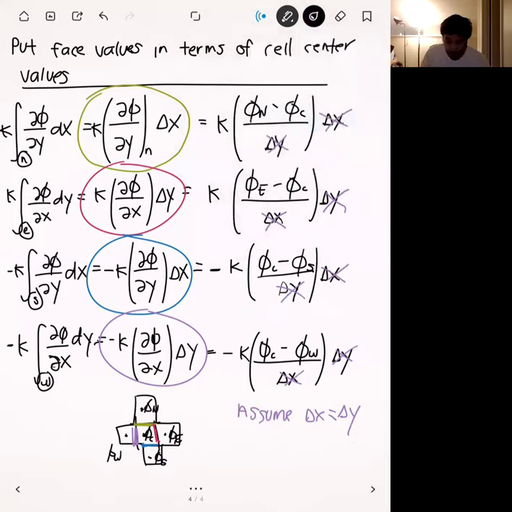Okay, so there's that. Very quickly, let's talk about the source term. So if it's an interior cell, all we have to do is just add up all those four integrals together.